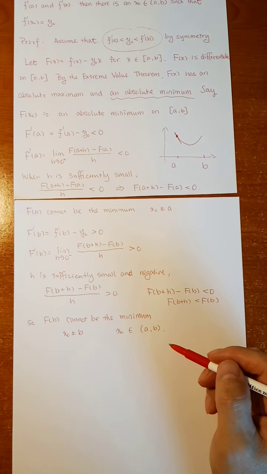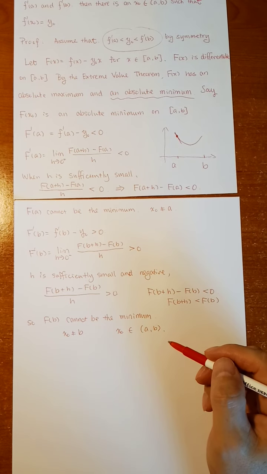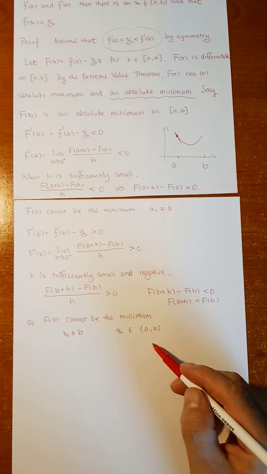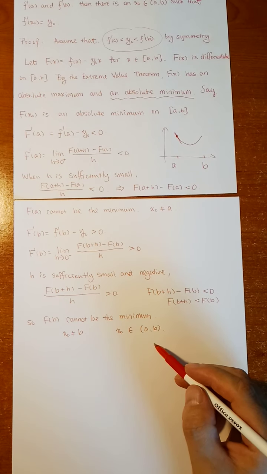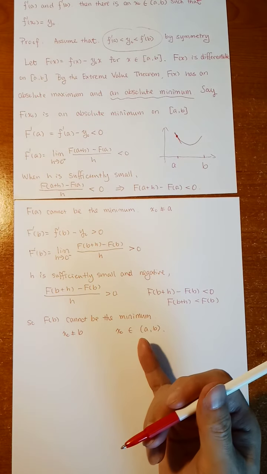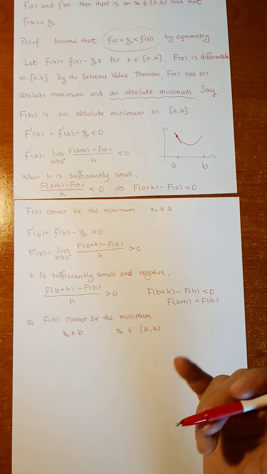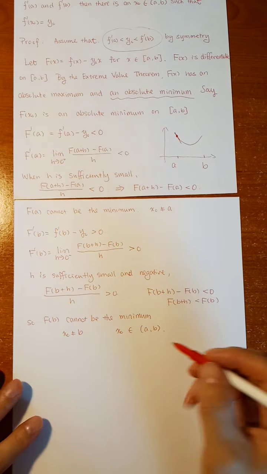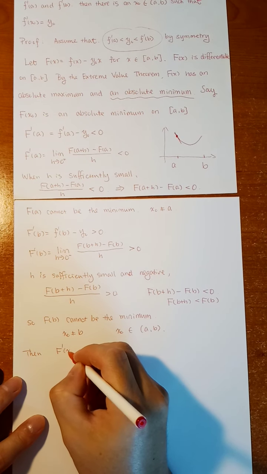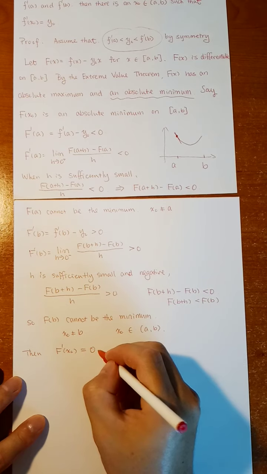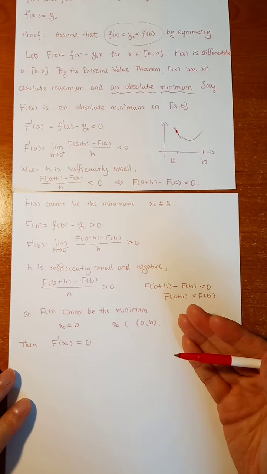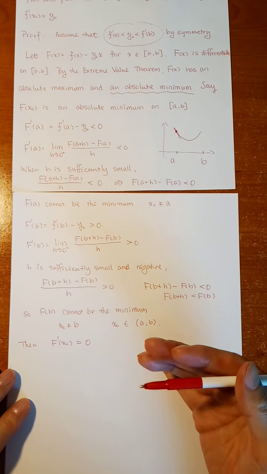If it belongs to the open interval, we know that for a differentiable function, if it achieves a local extreme value inside the interval, then f prime of x0 must be equal to 0. It's called the critical point, the critical number.